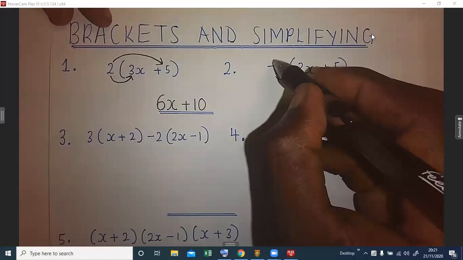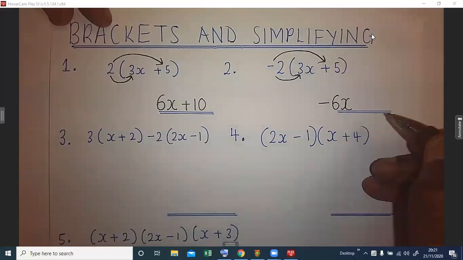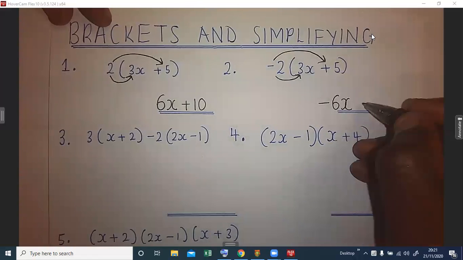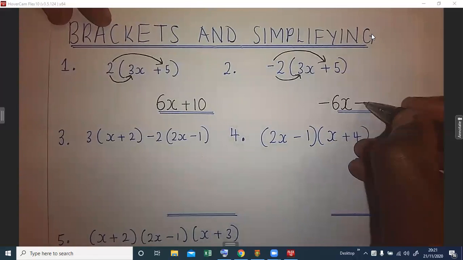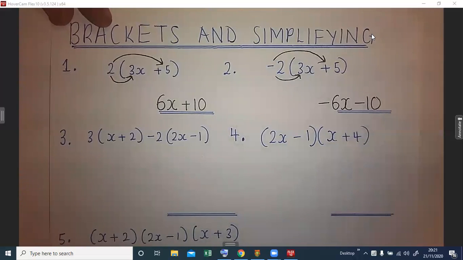And then -2 multiplied by +5, we shall also get -10. So that is how we basically open a bracket.